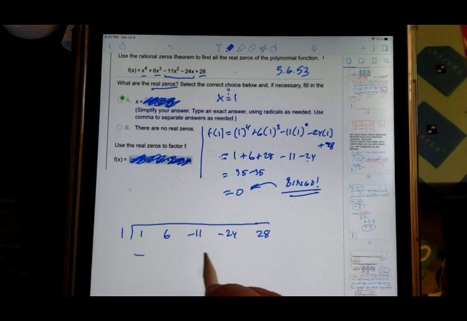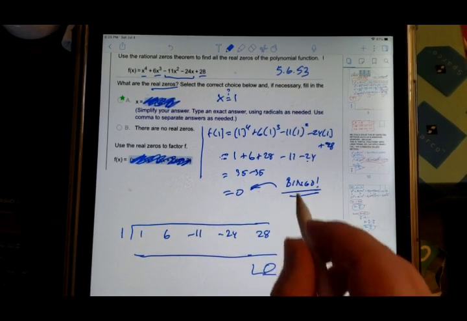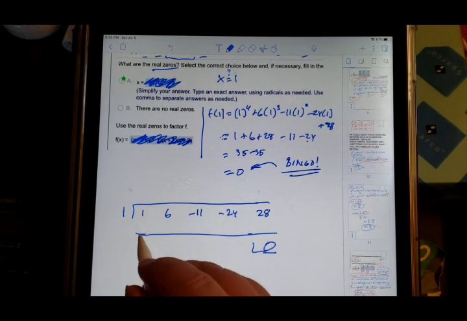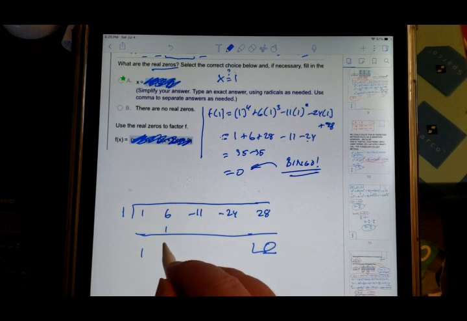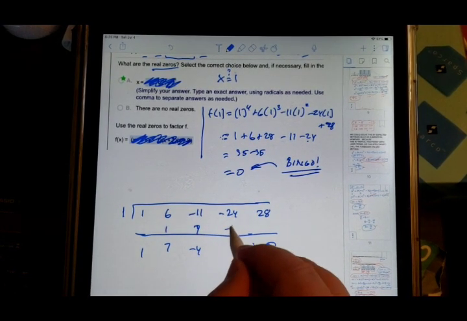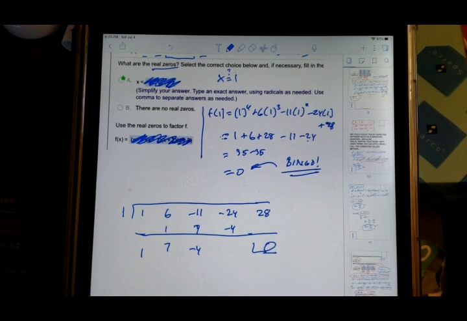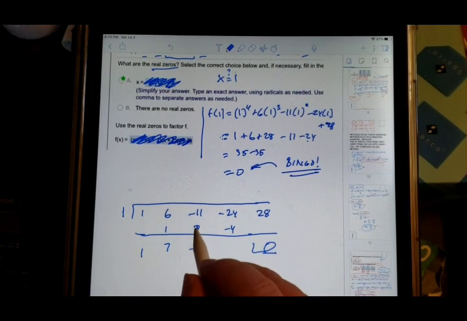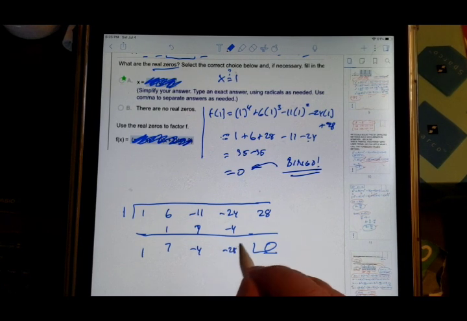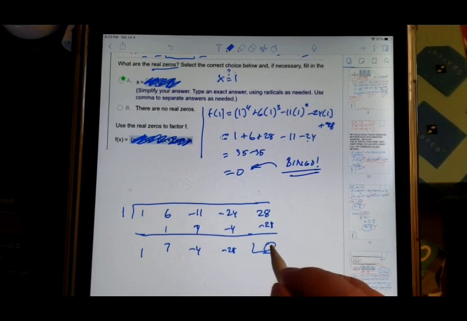Now we already know what's going to happen. I'm going to get a 0 for the remainder because f of 1 equals 0. But bring down the 1, multiply by 1, I get 7, multiply by 1, I still get 7, still get 7. Then negative 28, and of course negative 28 plus 28 is 0.